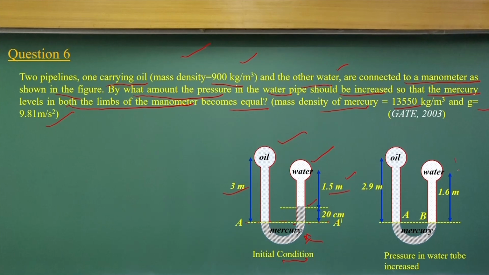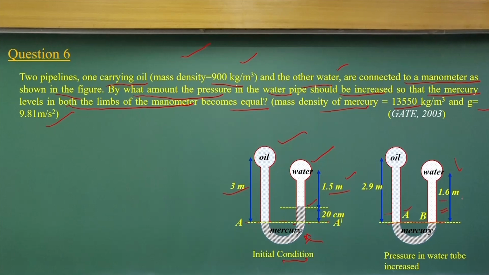As we increase the pressure, the mercury manometer limbs will become horizontal. That means the 20 centimeter difference will be 10 centimeter on this side and 10 centimeter on this side, and then it will come to a horizontal plane.